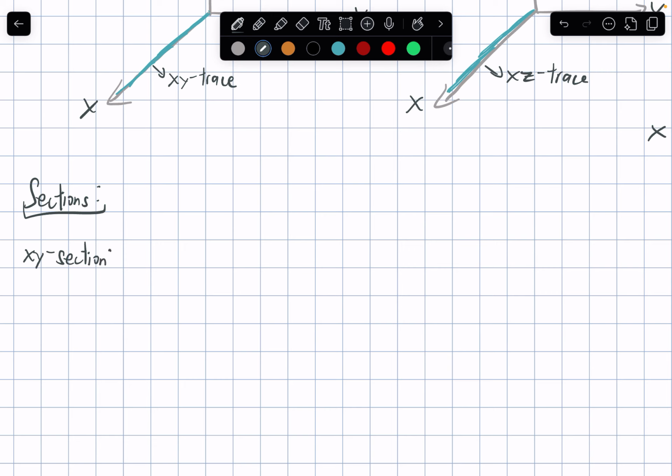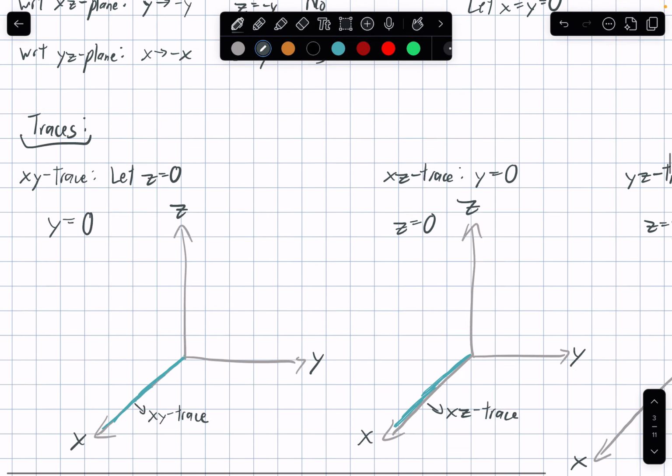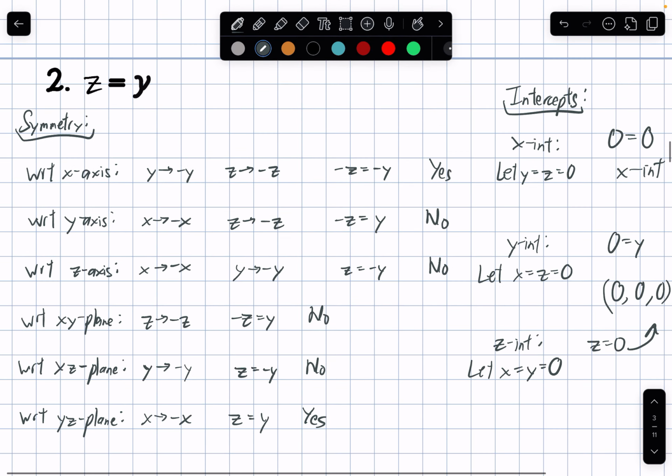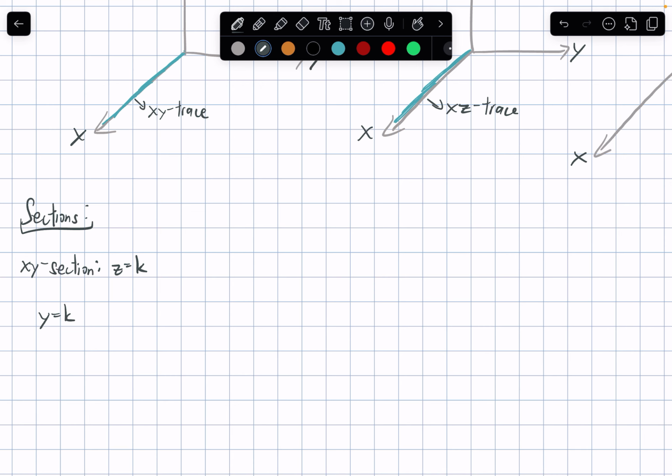xy section, xyz, z is missing, equate z to the constant k. And then go back to the original equation. What do we have again? z is equal to k, right? So equate z, basically substitute z as k, y is equal to k.